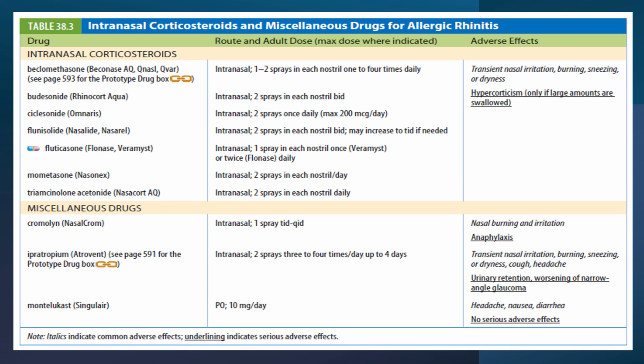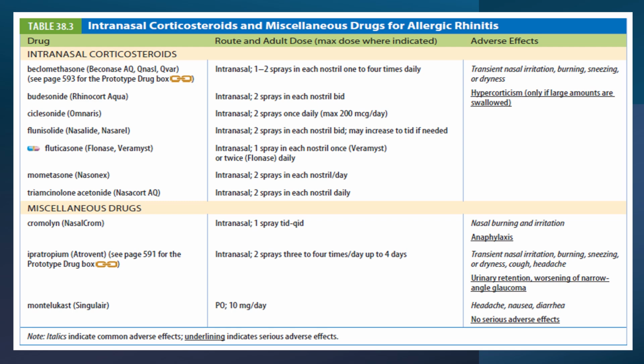They have largely replaced antihistamines as preferred drugs for the treatment of perennial allergic rhinitis. These drugs are listed in the table. As you can see, you have budesonide, flunisolide, and mometasone as an example.